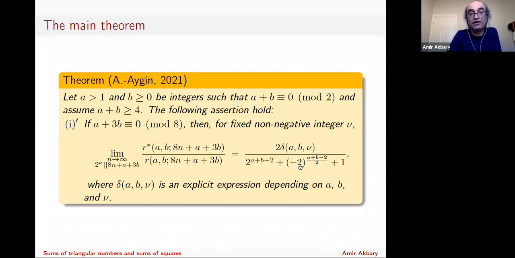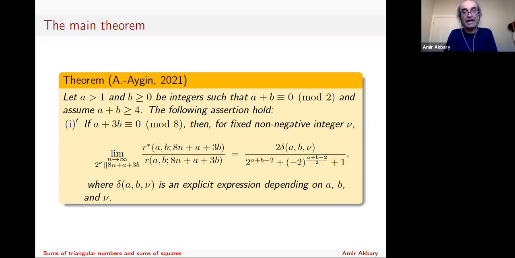The main point that I want to make here is that this factor delta depends on nu. And so over this subsequence, the limit exists, but over all the integers, as nu varies, the limit does not exist.